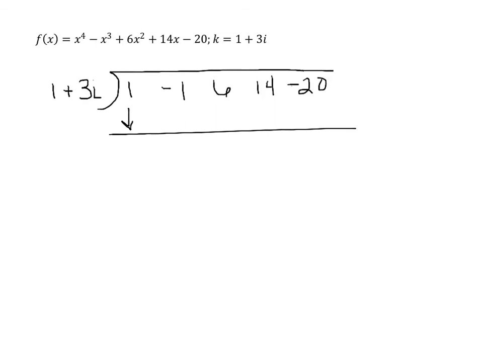So we still bring down the 1. 1 times 1 plus 3i is just 1 plus 3i. Oops, that's not an i, that's a t. There we go. So when we combine these, we get 0 plus 3i.